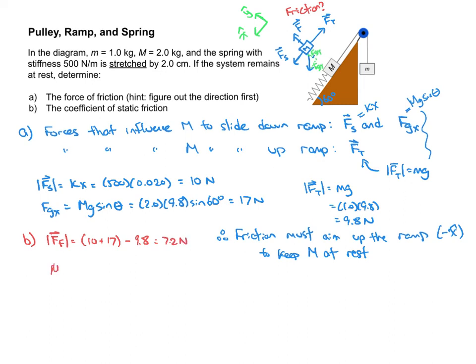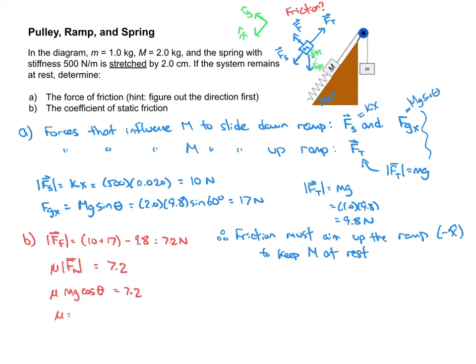Now we're going to say that's equal to mu times normal, and hopefully isolate for the coefficient of friction. The normal force on the box is equal to the y component of gravity, which is mg cos theta.